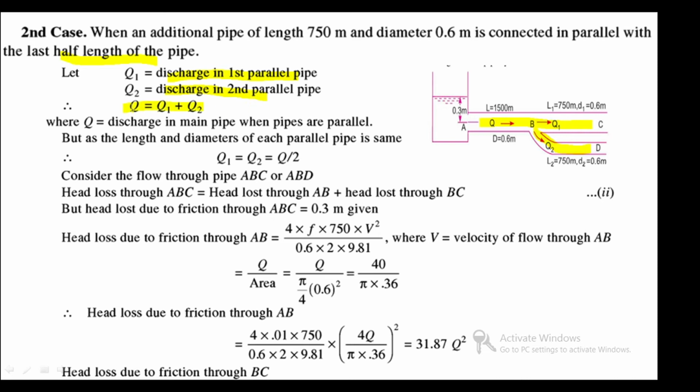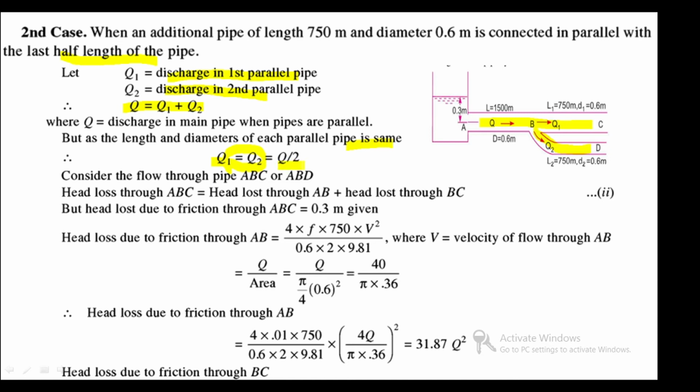This is the Q value. The quantity of water entering AB is divided into two portions. As the length and diameter of each parallel pipe are the same, Q1 equals Q2. The flow is equally divided, so Q1 equals Q2 equals Q by 2.